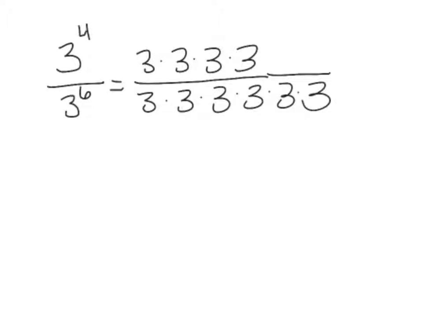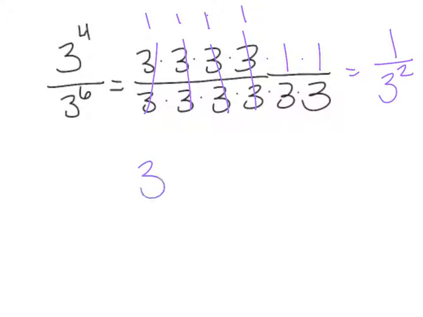Okay, well, once again, I have 3 over 3, which when I divide 3 divided by 3, gives me a 1. So that's a 1, 1, 1, and a 1. What can I put up top that's not going to change anything? 1s, so it's 1 over 3 squared. And 4 minus 6 gives me a negative 2, which again we rewrite as 1 over a positive exponent, so in this case 3 squared. And these actually are the exact same thing.